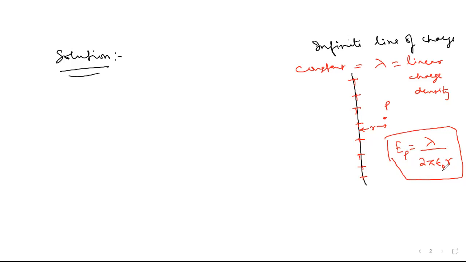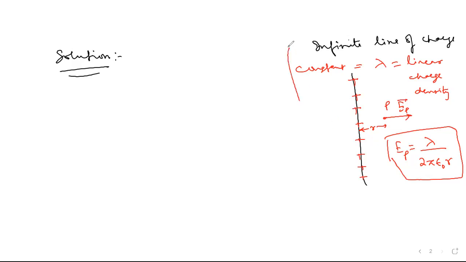You know epsilon naught is the permittivity of free space. And the electric field will be outward, perpendicular to the line, for this case, because it is a positively charged line. If it is a negatively charged line, then the electric field will be inward, right?